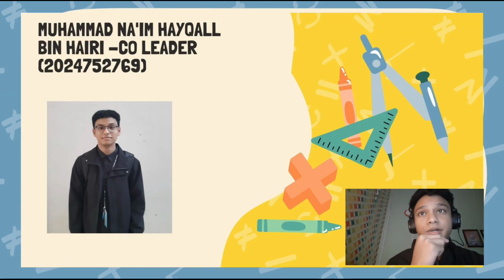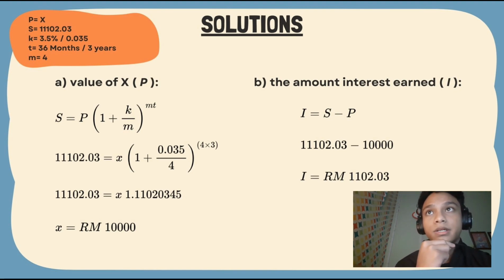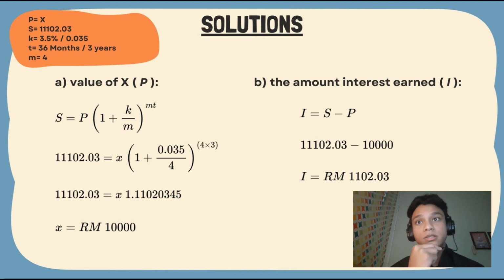Question A, we have to find the value of P here, which is X. We're going to use this formula: S equals P(1 + K/M)^(MT). We replace all the letters within the formula with the information we have extracted earlier. So this would be RM11,103.03 equals X(1 + 0.035/4)^(4 x 3).